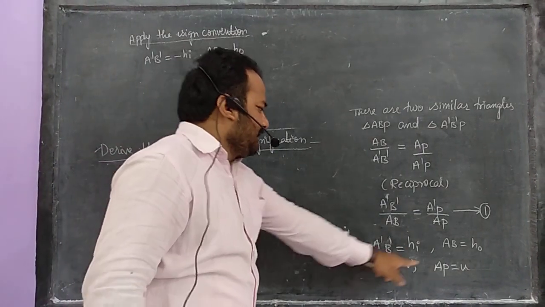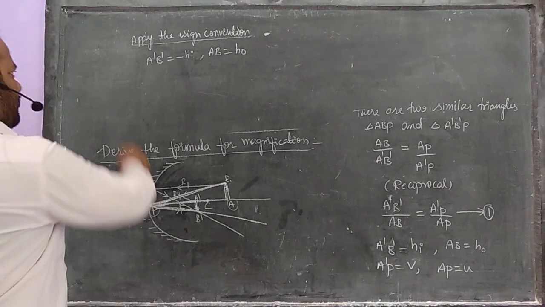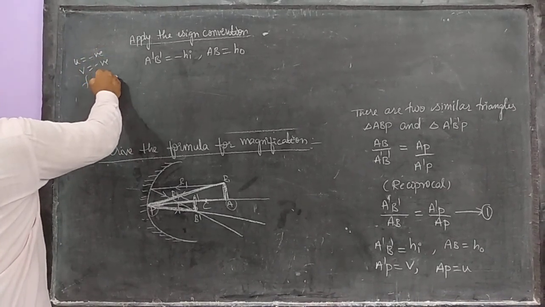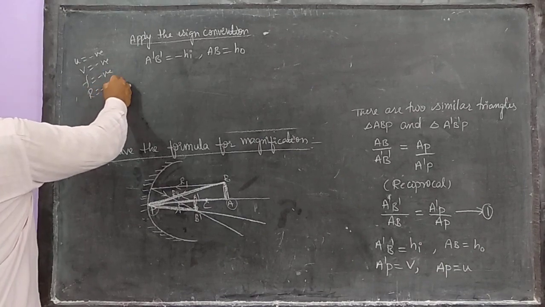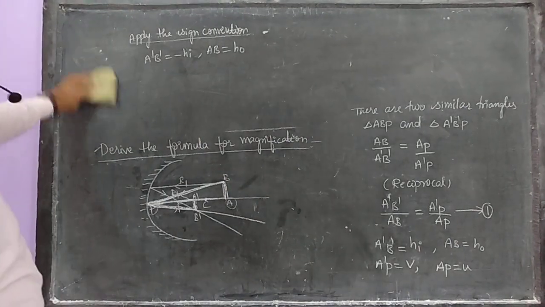You know the image distance and object distance. Which mirror is it? It is a concave mirror. I told you already in the last class: U will be negative, V will be negative, F will be negative, R will be negative. Remember this point. So if it is a concave mirror, everything is negative.